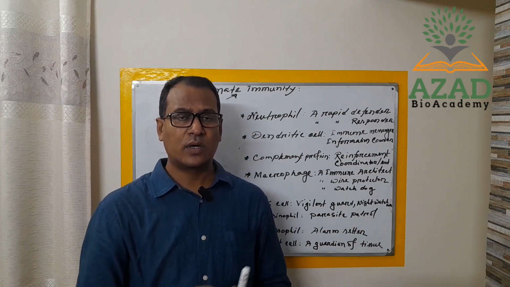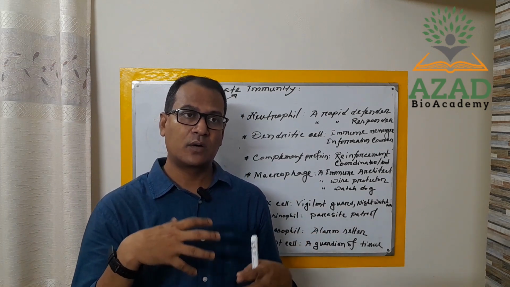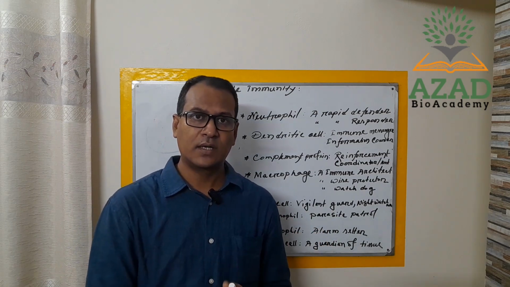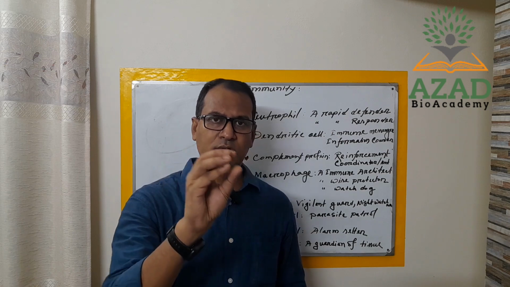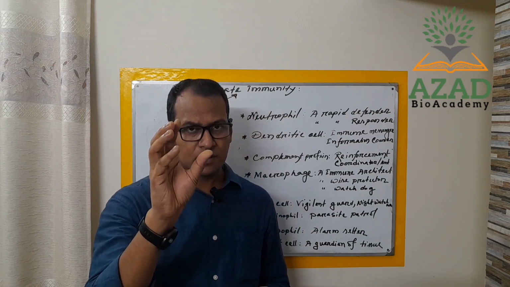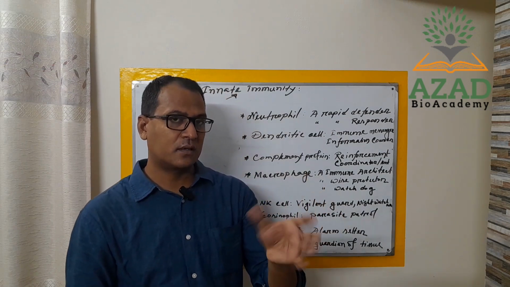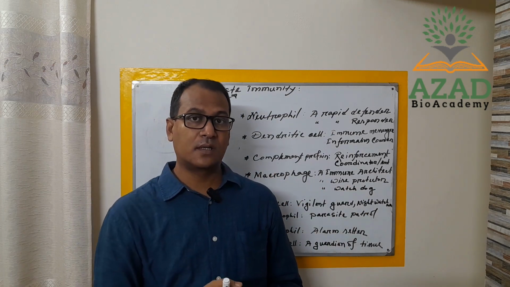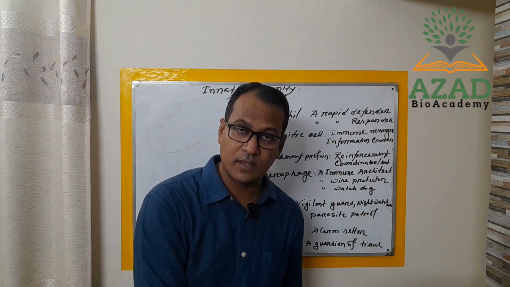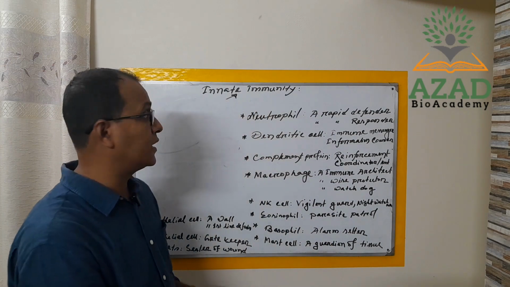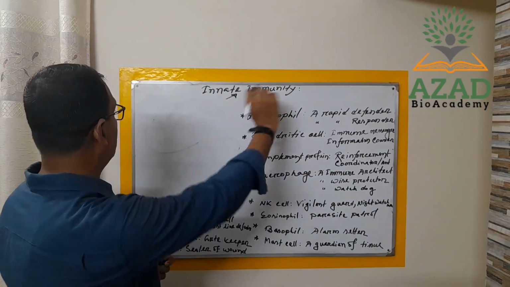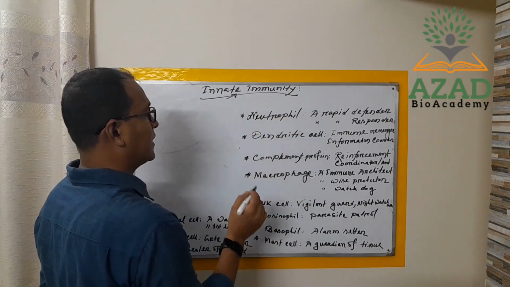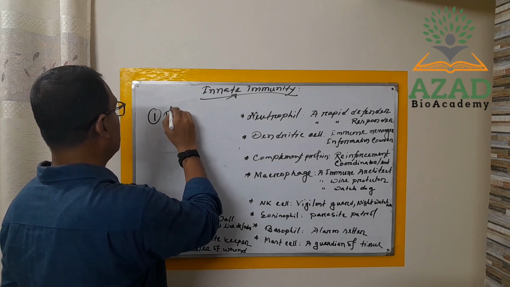Innate immunity occurs as several events. I will try to give you some little information on the basic events, and one after another I will discuss them in my next lecture. Firstly, I will discuss the physical barrier.